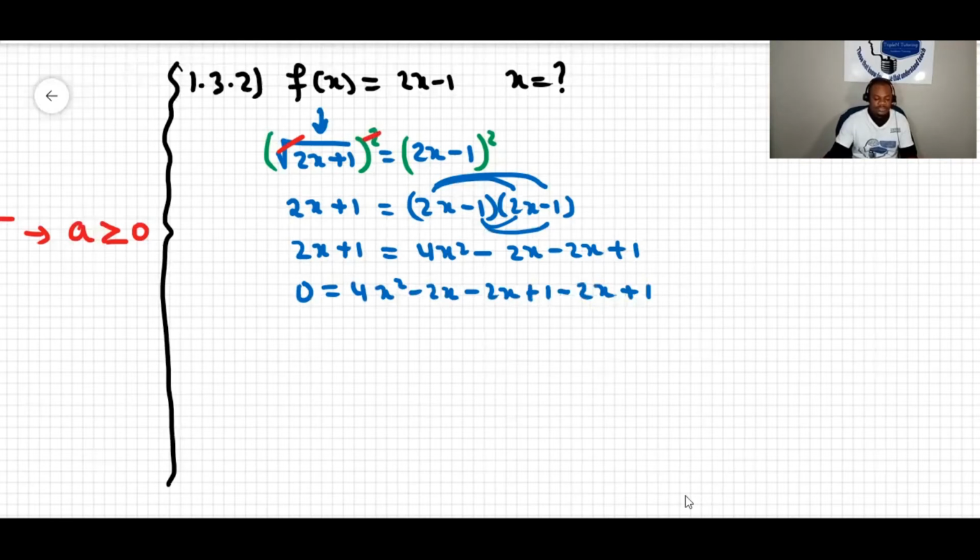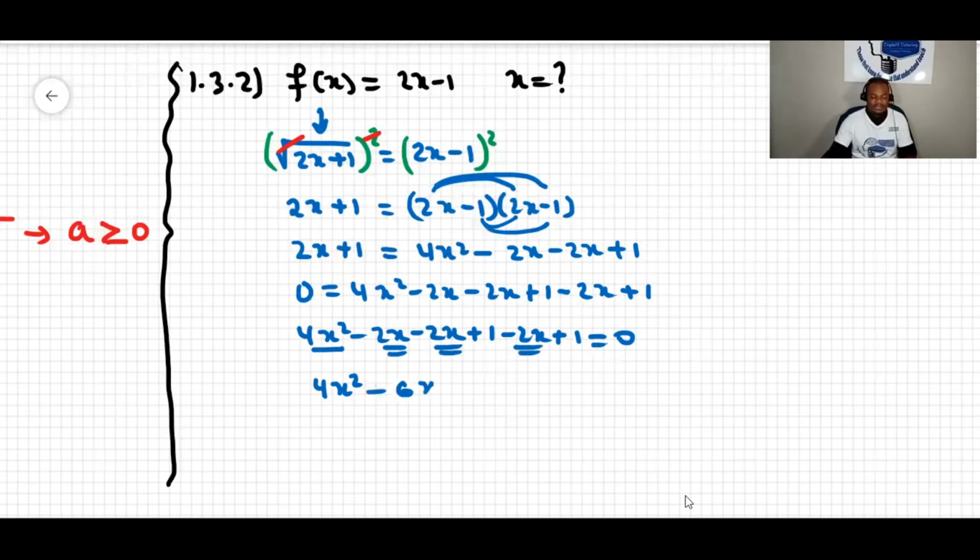Now let's combine like terms. For terms with x squared, we only have 4x squared. For terms with x, we have -2x, -2x and then -2x again, altogether making -6x. The constant terms are 1 and 1, so it makes 2.